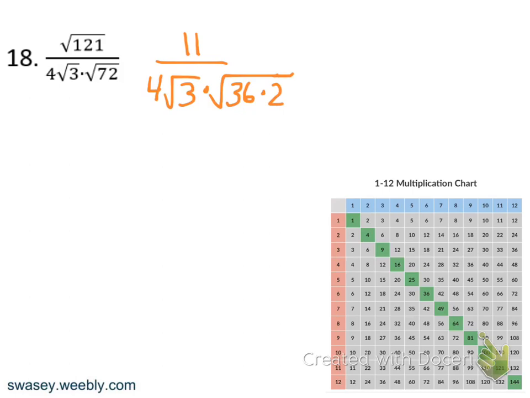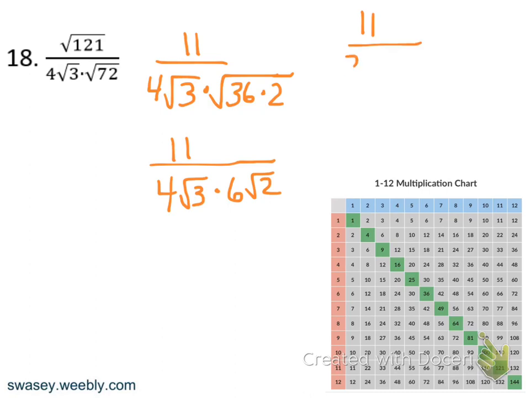And the square root of 36 is 6. So we get 6 root 2 there. Now if we multiply those together, we have 11 over 4 times 6 is 24. Square root 3 times square root 2 is square root 6.